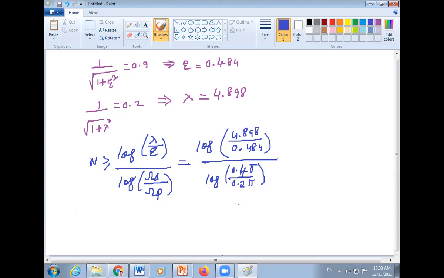We are getting 3.34, or the next highest integer value, n is equal to 4. So the order of the filter is 4.